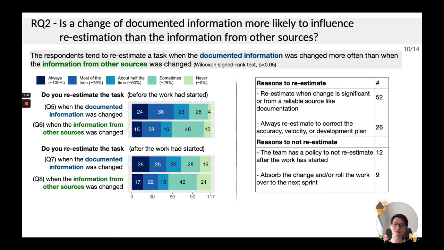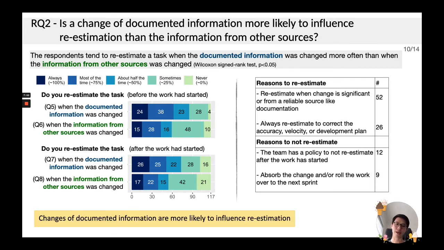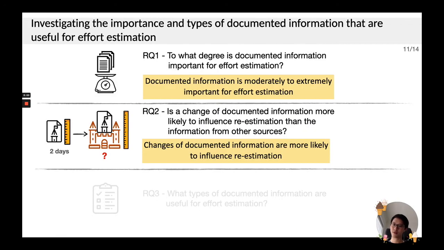They might choose to absorb the additional workload themselves without the plan adjustment, or even intentionally overestimate to cover the future change. These results suggest that the change of documented information can influence re-estimation more often than the change of information from other sources. That is the answer for RQ 2.